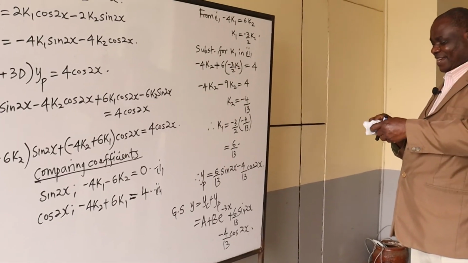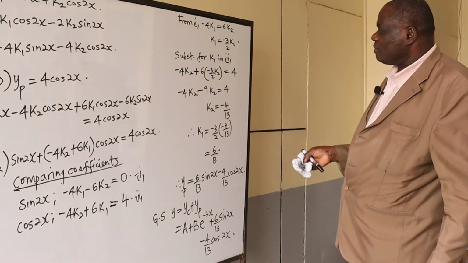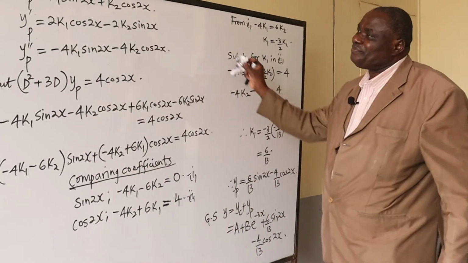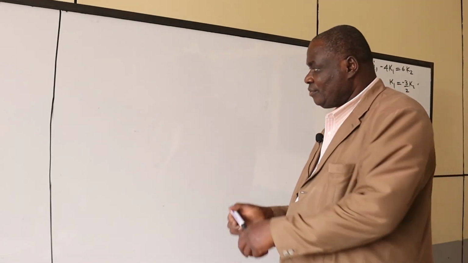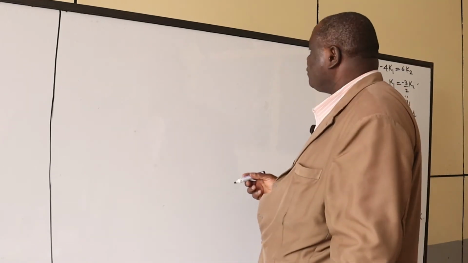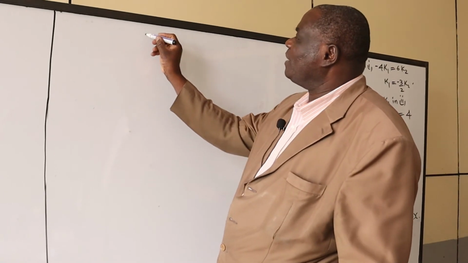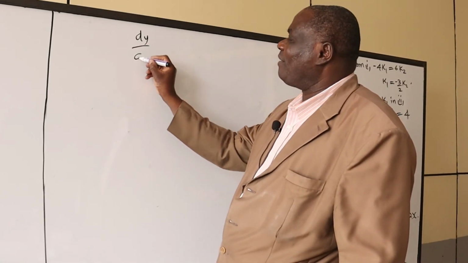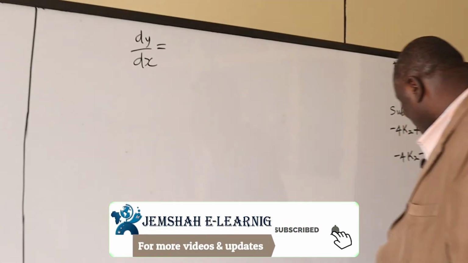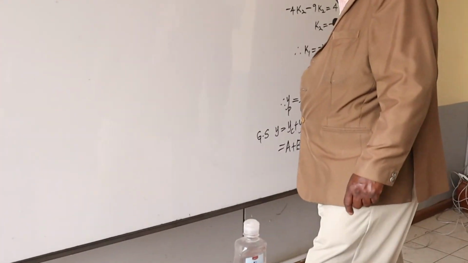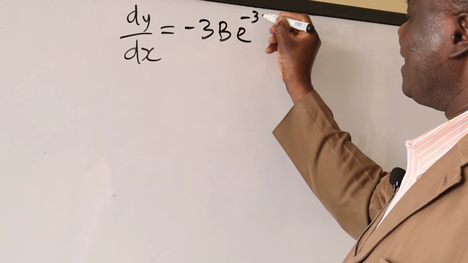And since we are given some conditions, we can go to the particular solution. We need dy dx before we put in our conditions. So dy dx will be equal to, when we differentiate this y, minus 3b exponential negative 3x.